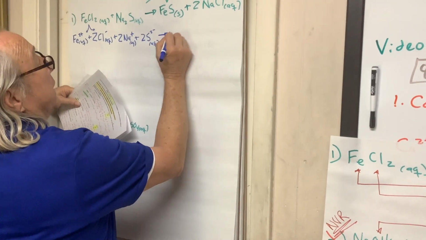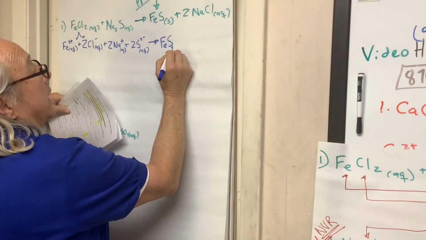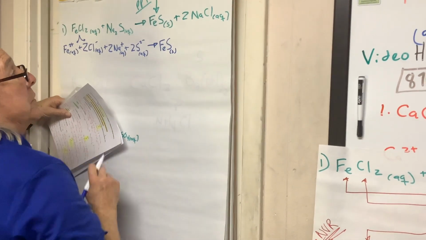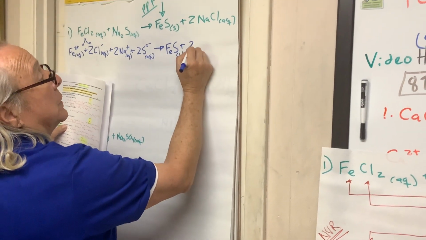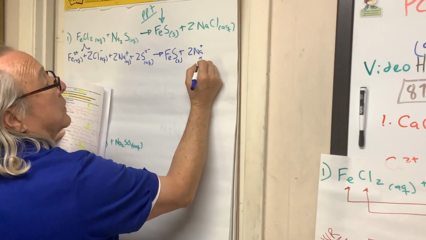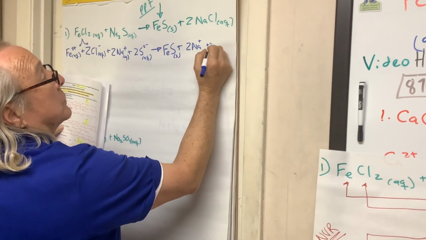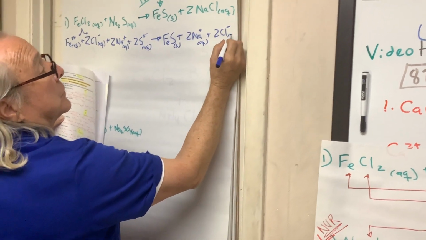And of course, these react to give me the insoluble iron sulfide. Notice I put solid there, plus 2 sodium plus aqueous, plus 2, because there's 2 of them, Cl minuses aqueous.